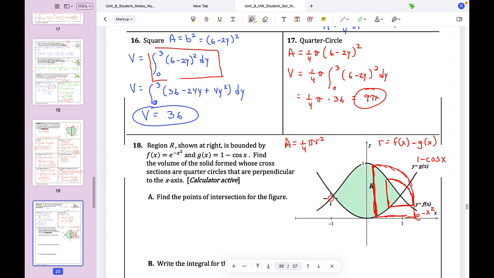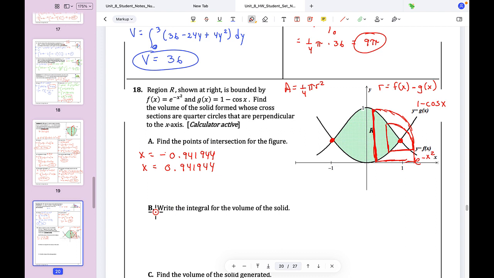So my points of intersection here and here are at x equals, I'm not going to pull my calculator up, I know you know how to do that, x equals negative 0.941944, and at x equals positive 0.941944. Now I am integrating with regards to x, so I just need the x value.